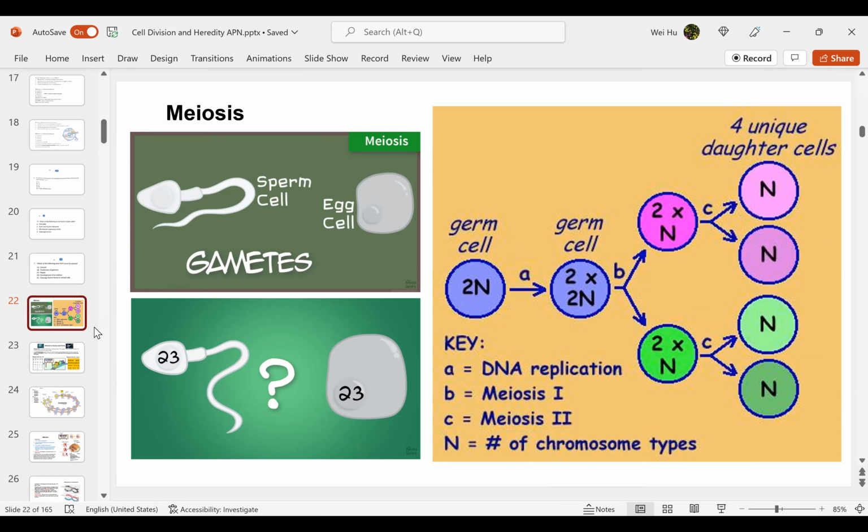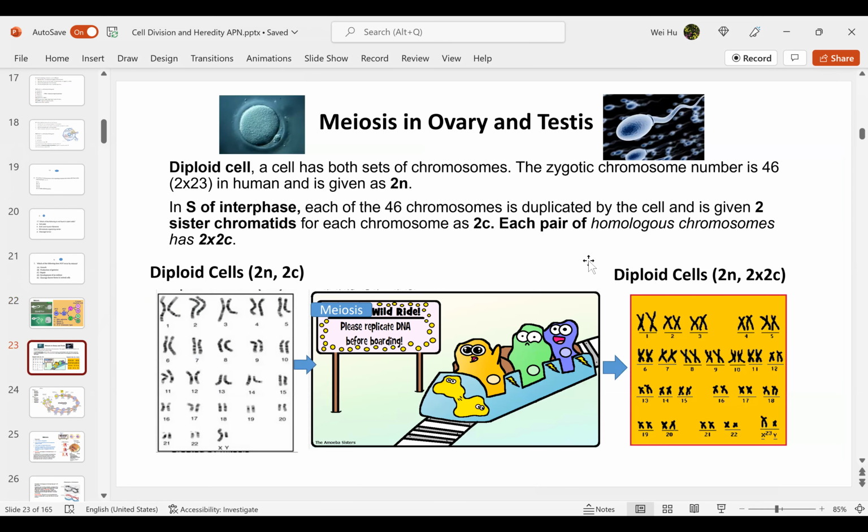Okay, so let's go through this one. Number 1, they have to happen in a certain organ. So for humans, you use the ovary to make eggs, and the testes to make sperm. If it happens in any other place, then it's wrong. Number 2, they have to do replication.